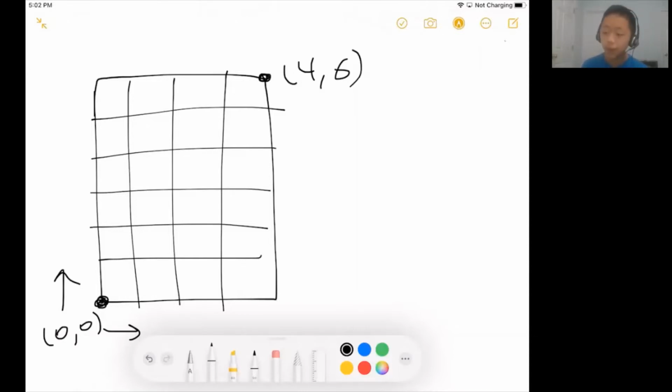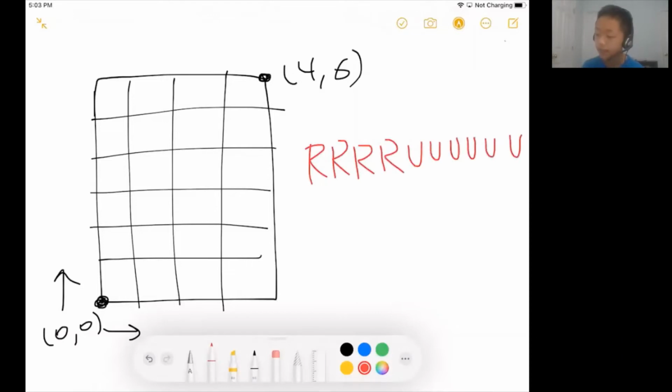So we want to find the number of ways to move from the point (0, 0) to the point (4, 6) by only moving right and up on each step. Notice that we can consider a string with 4 R's and 6 U's, where each string represents exactly one path on the grid.